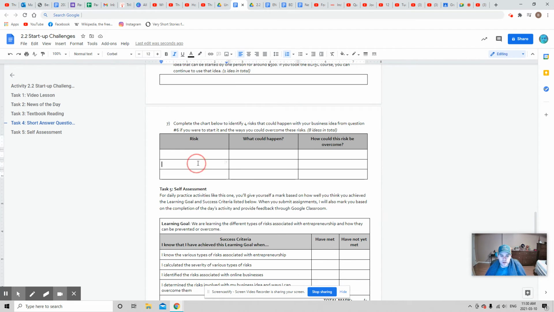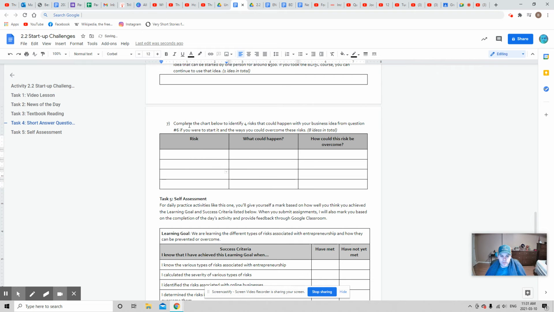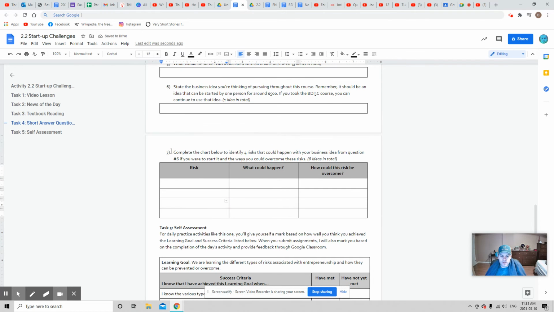Now, I'd like you to complete this chart to identify 4 risks that could happen with your business idea from question number 6, if you were to start it, and the ways you could overcome these risks. So tell me what risk could happen, or what type of risk. I should specify type of risk.